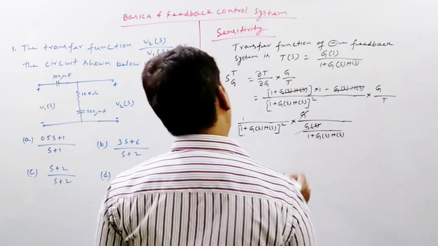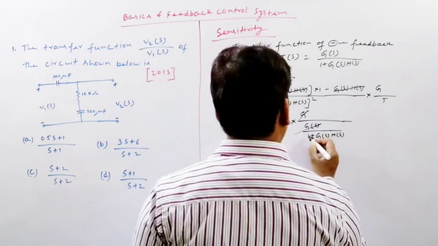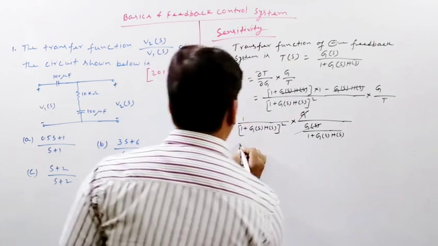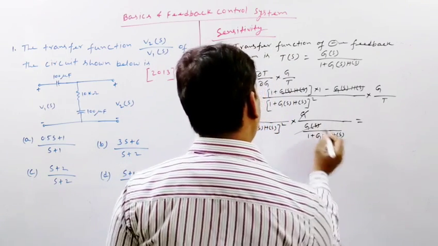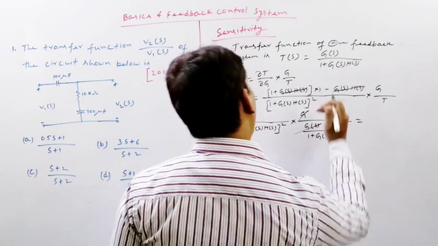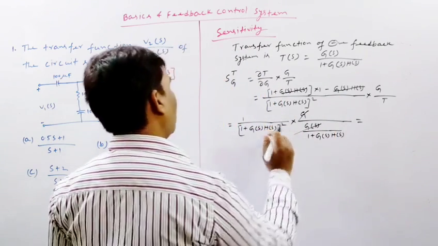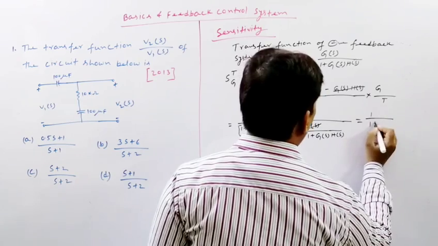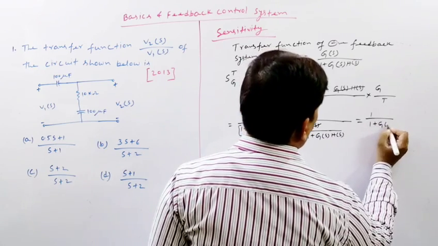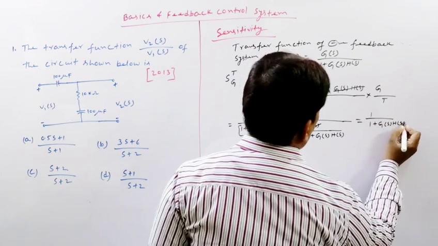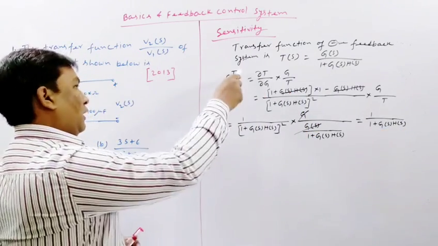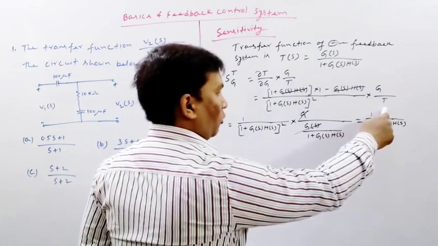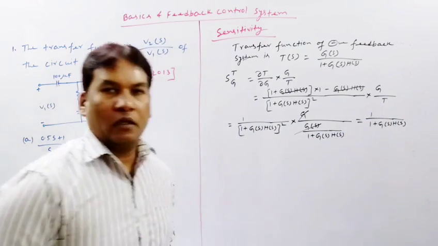Now this G cancels out, and this goes in the numerator and cancels out one power, and finally we will get 1 by 1 + G(s)H(s). So sensitivity of T with respect to G is equal to 1 by 1 + G(s)H(s).